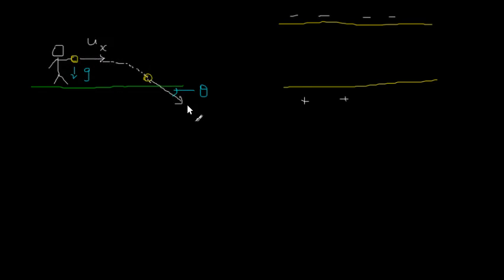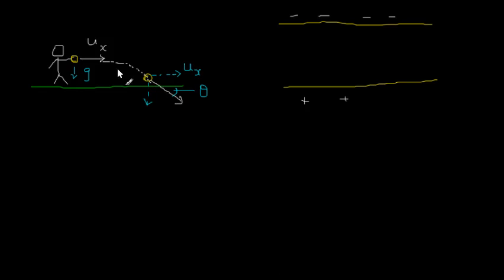If I look at the velocity just before it hits the ground, I can resolve it into a horizontal component and a vertical component. I would expect the horizontal component to be the same as the starting velocity, ux, since there's no horizontal force to change it. We are neglecting air resistance. The weight only acts downwards, so it would only change the vertical component of the velocity.